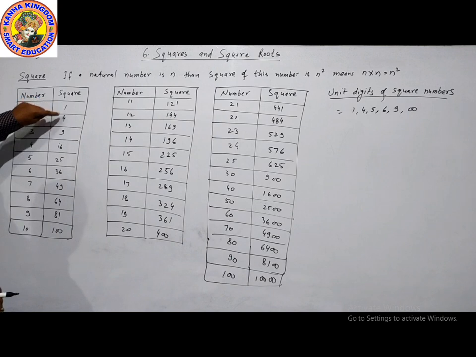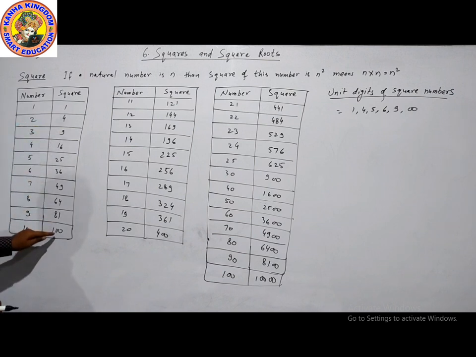The unit digit is 1, 4, 5, 6, 9, or 00. The 0 will come at the unit digit in a pair.